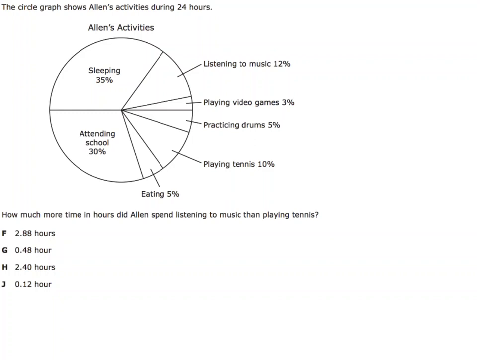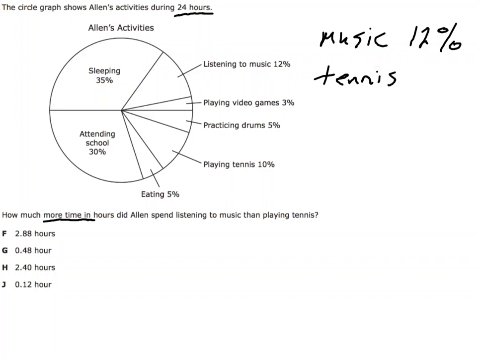Okay, this is the amount, the actual value of the whole. The circle graph shows Alan's activities during 24 hours. How much more time in hours did Alan spend listening to music than playing tennis? Well, music was 12%. Tennis, 10%.